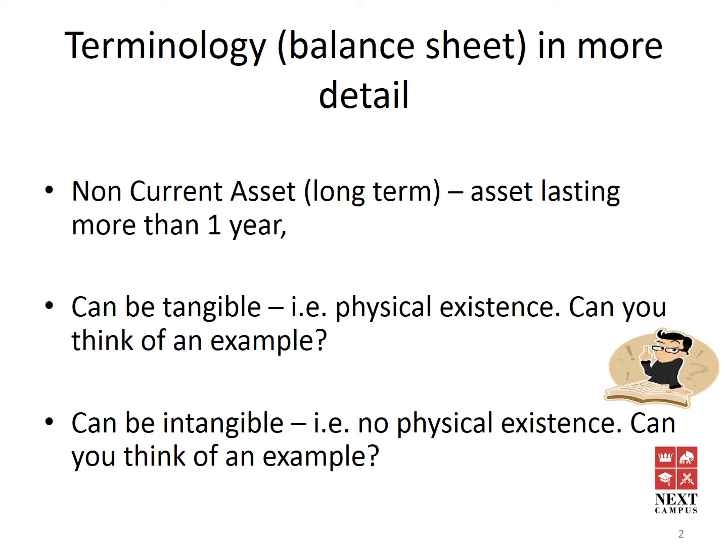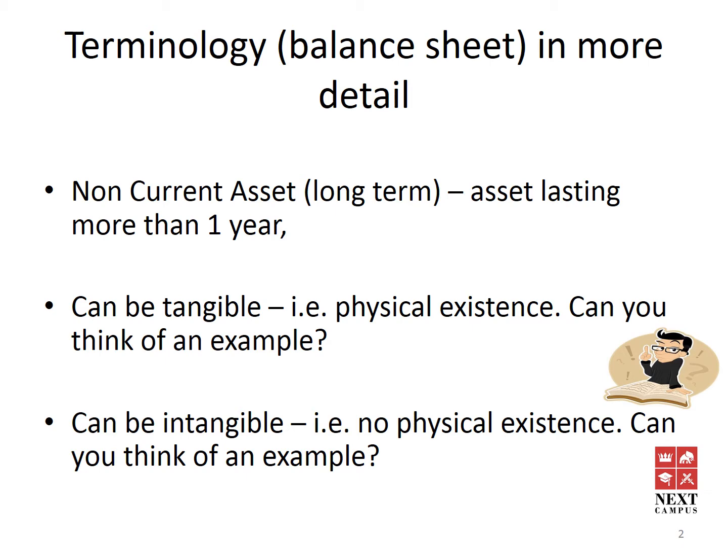Now we can divide assets into another two. One is non-current assets and the other one is current assets. Non-current assets means the resources that will be used for the business for a period of more than 1 year.